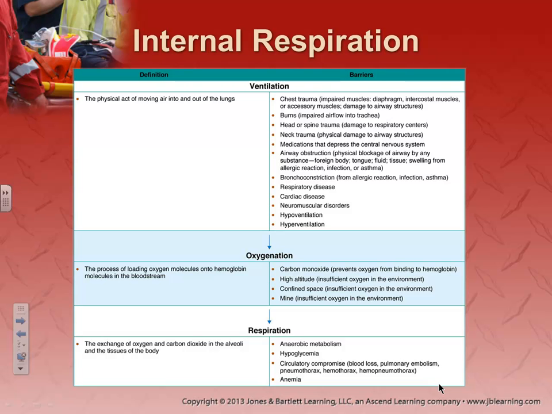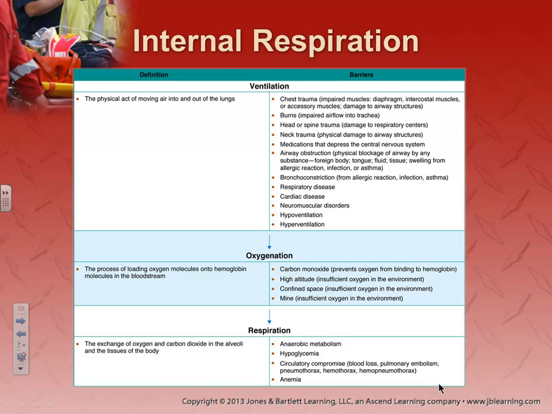Ventilation is what? The mechanical process, right? It's moving air in and out. So when we're doing vital signs, we say we're counting respirations, but in reality we're actually counting ventilations. And so oxygenation is going to be the process of loading oxygen molecules onto hemoglobin molecules in the bloodstream.